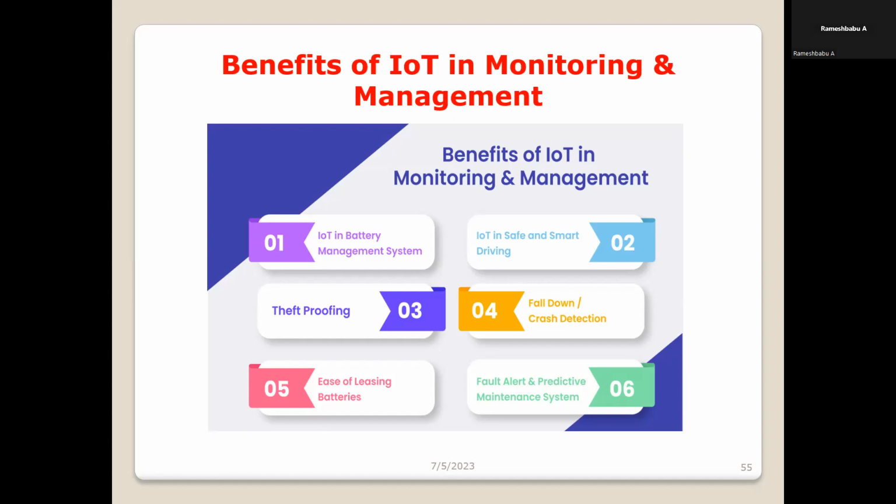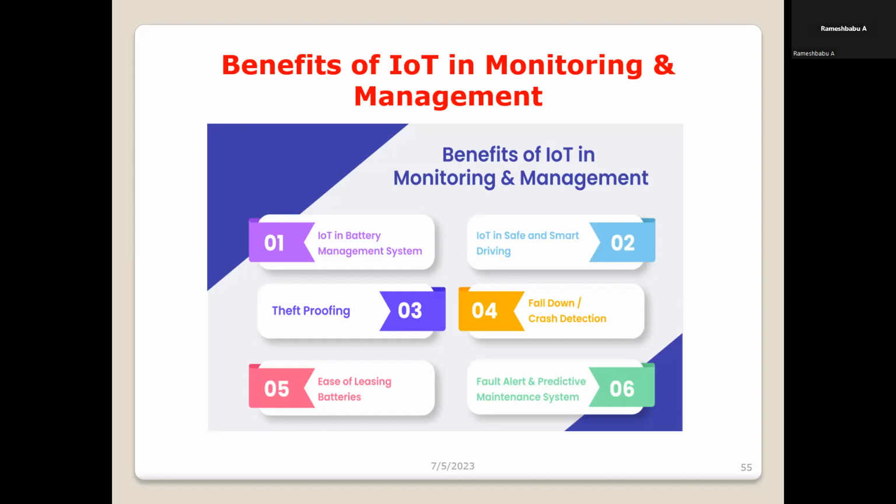So monitoring the other wear and tear parts of the vehicle, they will be replaced on time. On-time replacement is mandatory, and it can help prevent damage to the vehicle. It also helps to increase the life of the vehicle and the battery's life. So this is the main fault alert and predictive maintenance system.